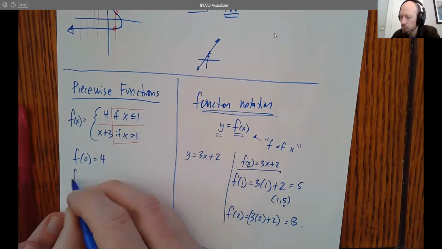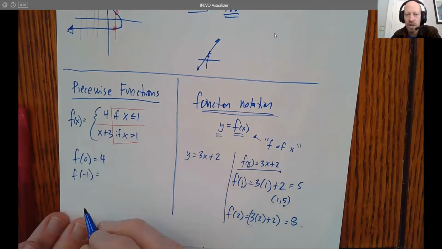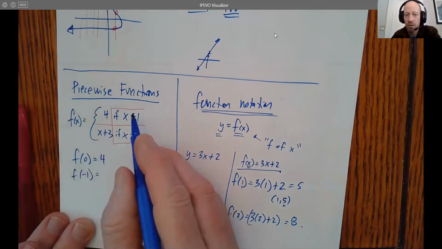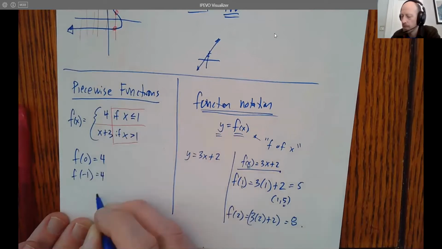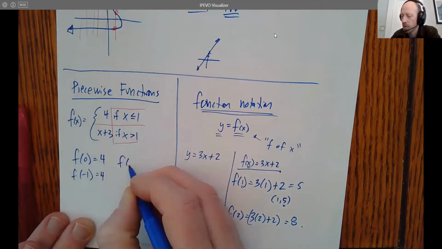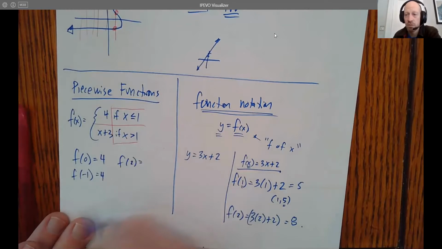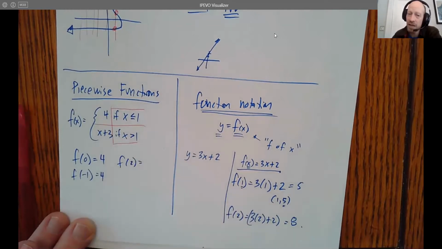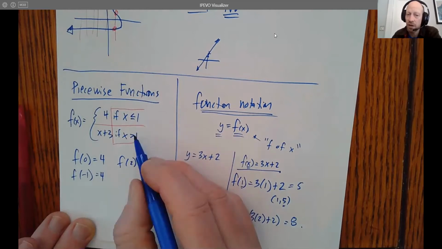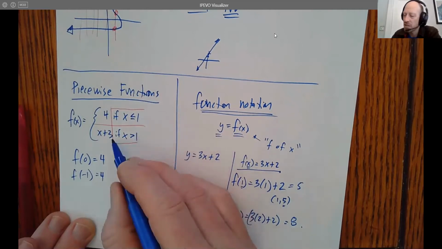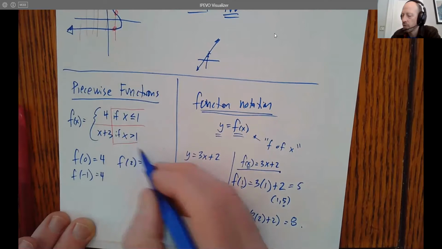F of minus 1, same thing. That's less than 1, so I'm using this top formula, which in this case is 4. F of 2, now all of a sudden that 2 is not less than or equal to 1. 2 is bigger than 1, so that means I'm going to use this other formula, which says 2 plus 3, right?